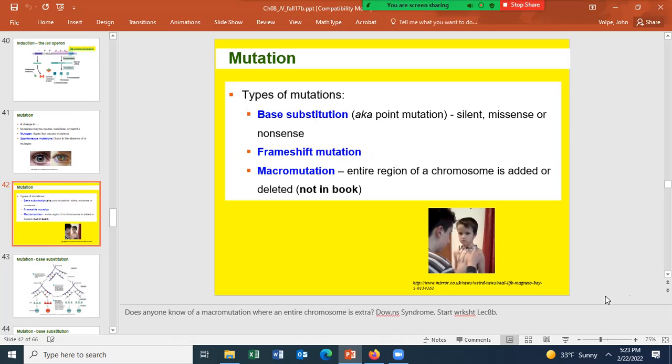There are different types of mutations. Here we're actually looking at a case where the boy had metallic objects like a spoon stuck to him. And they were wondering if the boy had a mutation, and they were looking into it.